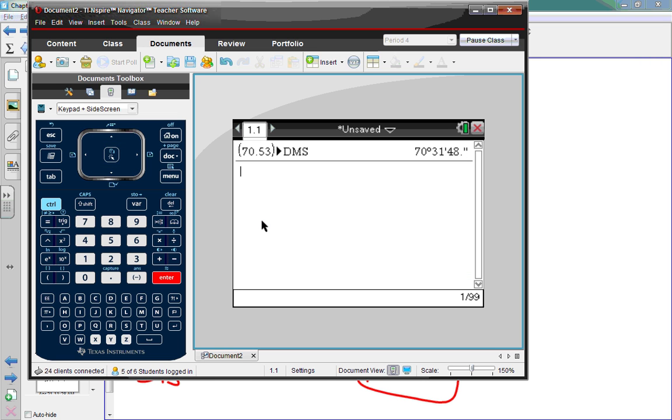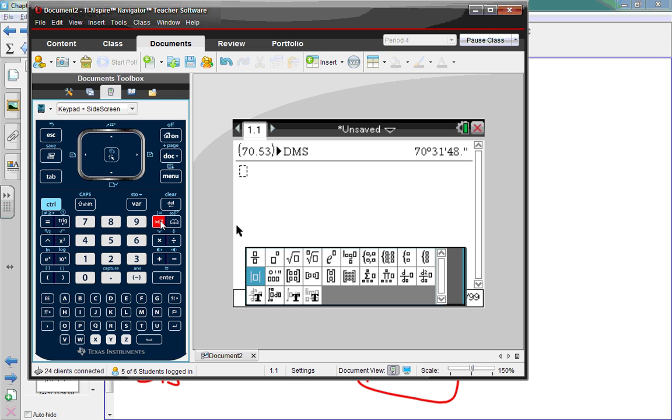And it's going to give you 70 degrees, 31 minutes, and 48 seconds. If it gives you something in degrees, minutes, and seconds, then all you have to do is hit that button right here, and DMS is right there. You see this key right here? Okay? Do we understand that, yes or no?